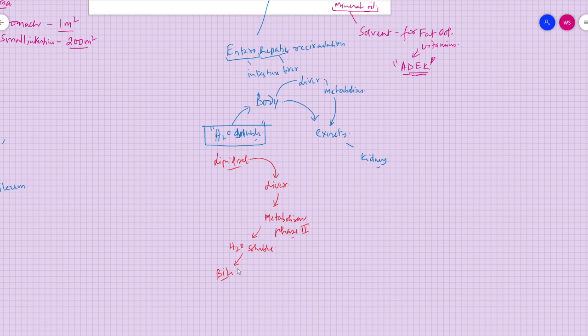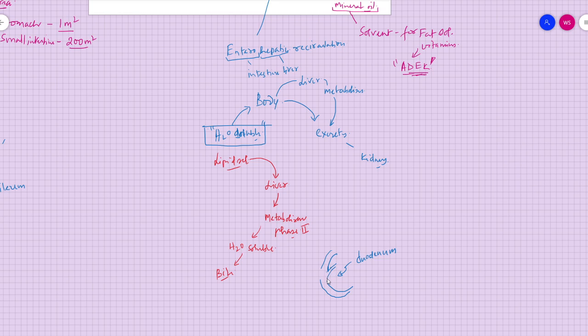The bile and bile salts enter into the duodenum.